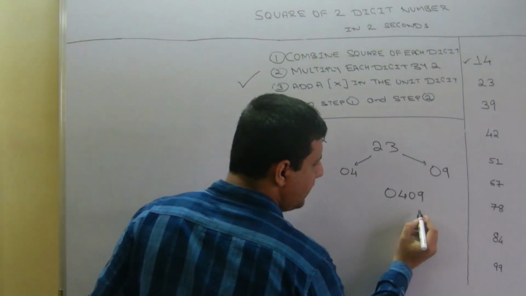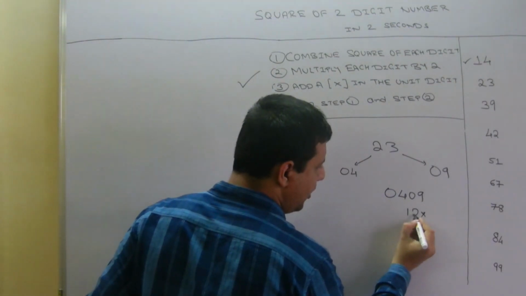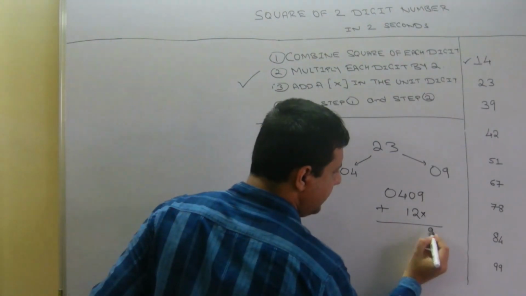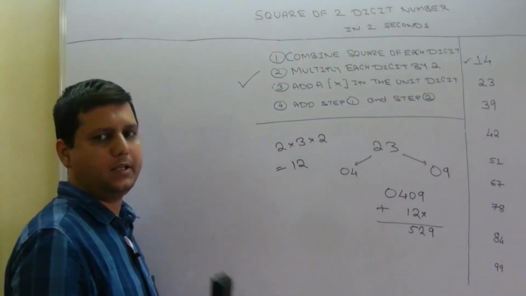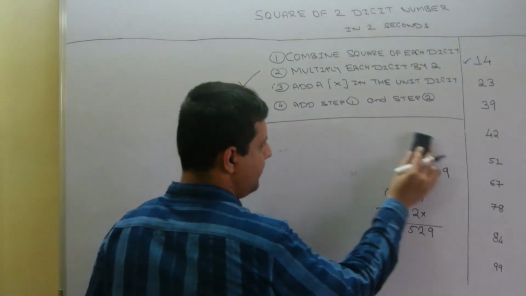Now adding, leaving the unit digit, add the number over here. So we get 529. Let's move on to the next sum.